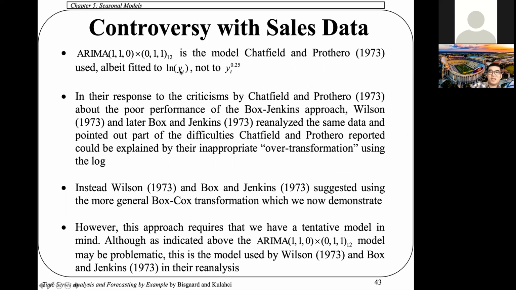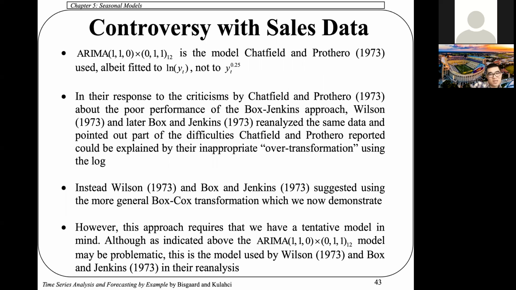But they used this transformation of Yt to the 0.25. They actually raised this question to Box and Jenkins, and also Wilson. Box is a very famous statistician.